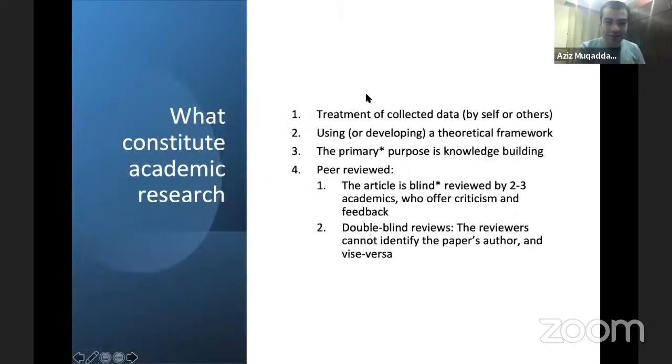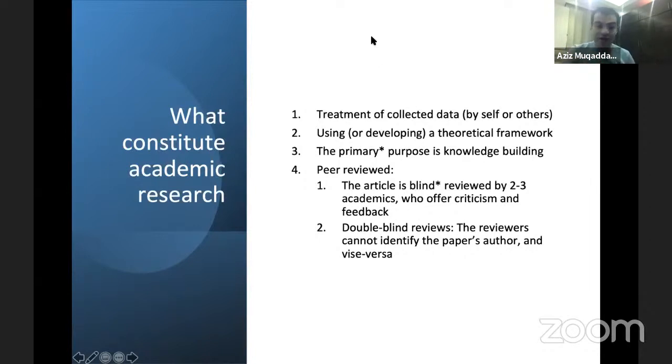So what makes academic research unique, to summarize, is that there's a treatment of collected data. You develop a theoretical framework to explain the causes and effects. The primary purpose is knowledge building, so the primary purpose is to know or address reality rather than advancing one proposition to change reality.